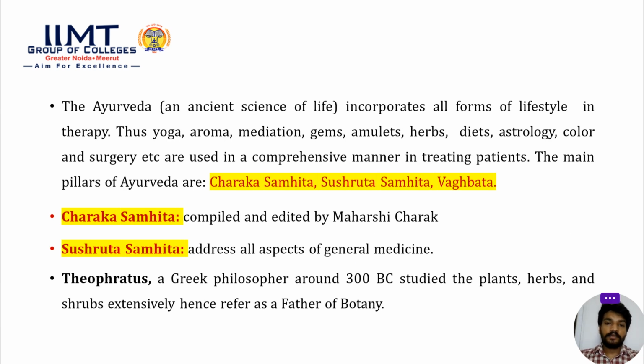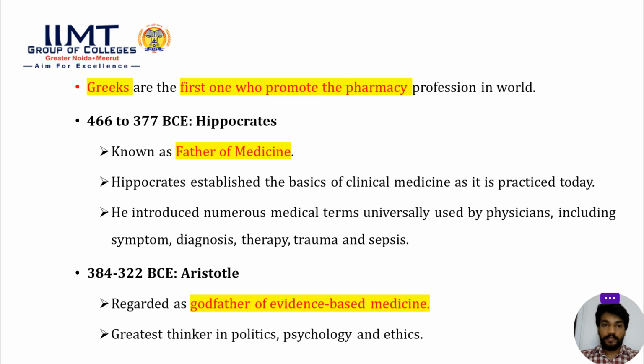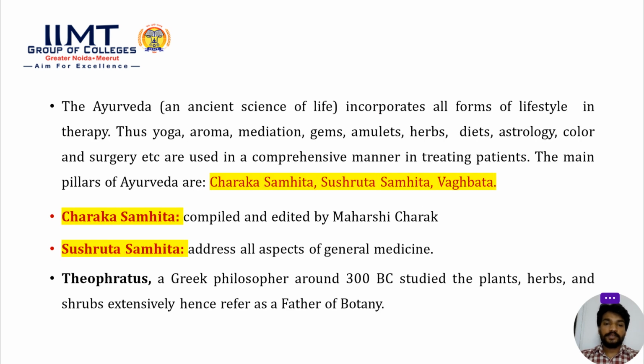So, talking about the Ayurveda, it is an ancient science of life, incorporates all forms of lifestyle and therapy. Thus, yoga, aroma, meditation, gems, amulets, herbs, diets, astrology, color and surgery, etc. are used in comprehensive manner in treating patients. The main pillars of Ayurveda are Charak Samhita, Sushrut Samhita, Vagbhata.